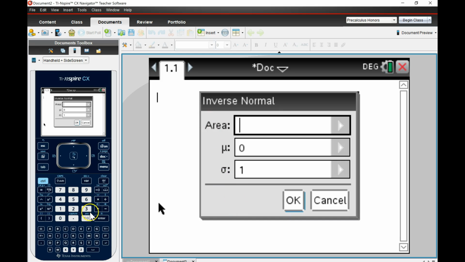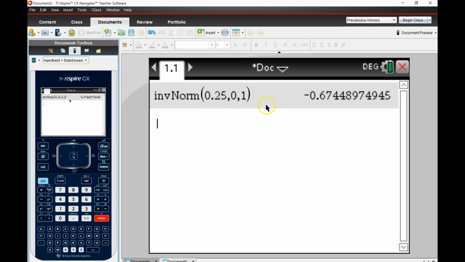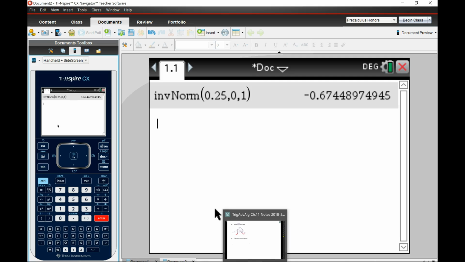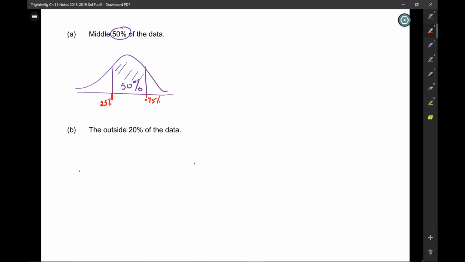First, the area is going to be 0.25, the bottom value, and it's negative 0.67. That's the z-score, negative 0.67. Now you say less than or equal to z less than or equal to.